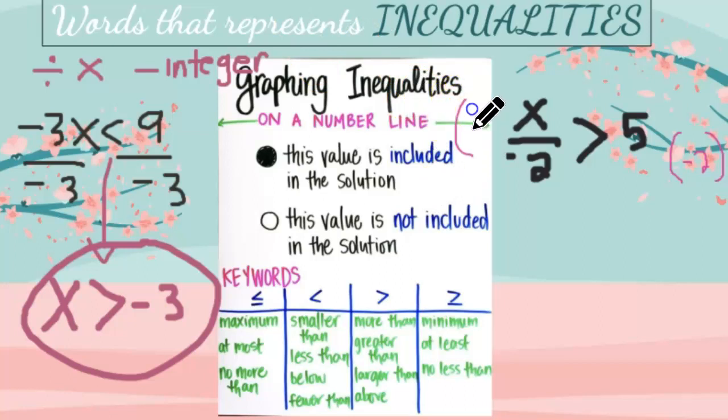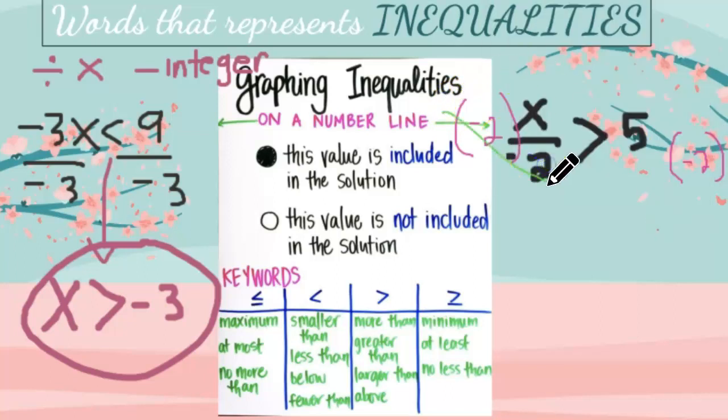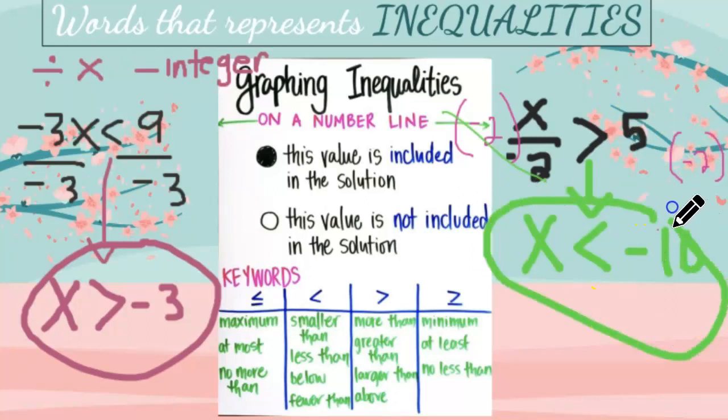We multiply this by -2, and that by -2, because this one we could cancel out since -2 divided by -2 is 1. So what remains here is x, and since we multiply both sides by -2, the relationship changes going to the other side, because we're comparing it to the other side of the inequality. 5 times -2 is -10, and that only happens when you divide or multiply with a negative integer.